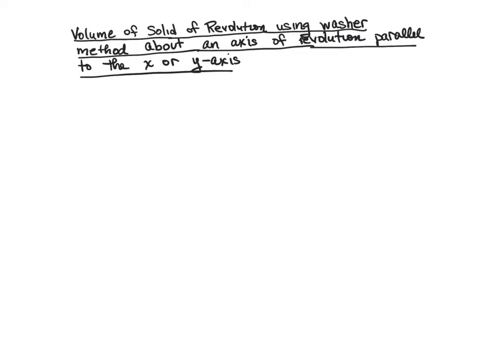All right. So today we looked at the volume of a solid of revolution using the washer or disk method when we rotate the area bounded between two curves about the axis of revolution that is parallel to the x or y axis. The first thing we have to do is sketch the area of the region.